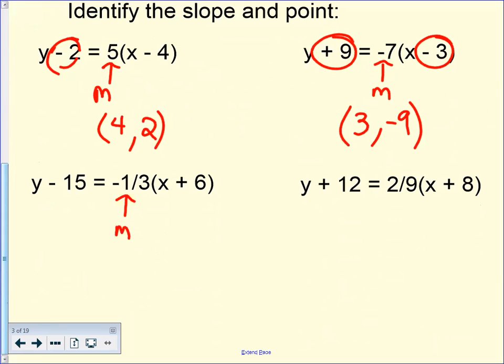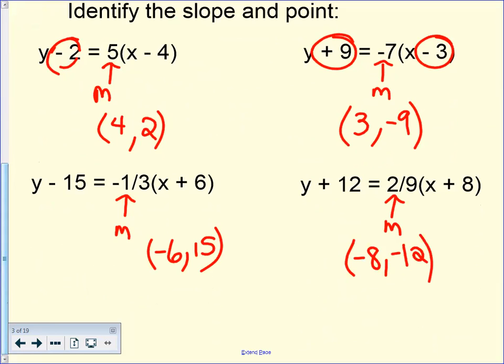My coordinate is going to be -6, +15. On the next one, my slope is 2/9. My coordinate is -8, -12. If you don't want to write all these down, I'd say at least get through 2 of these equations written down so you have good examples of what to do to identify these.